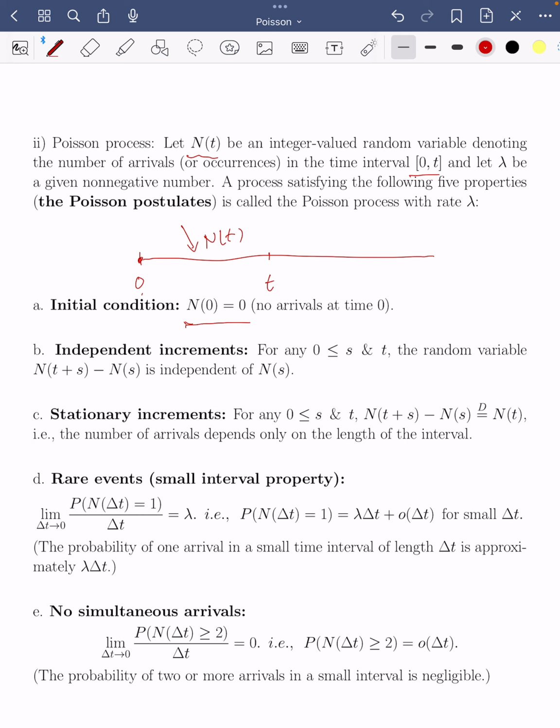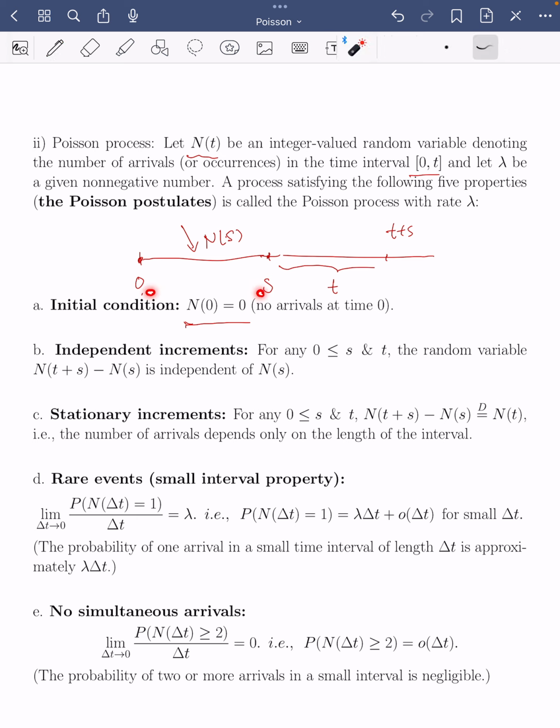Also, we have the so-called independent increments. Which means that we have s here, and also we have this length t. So here is t plus s. This piece is N(s).